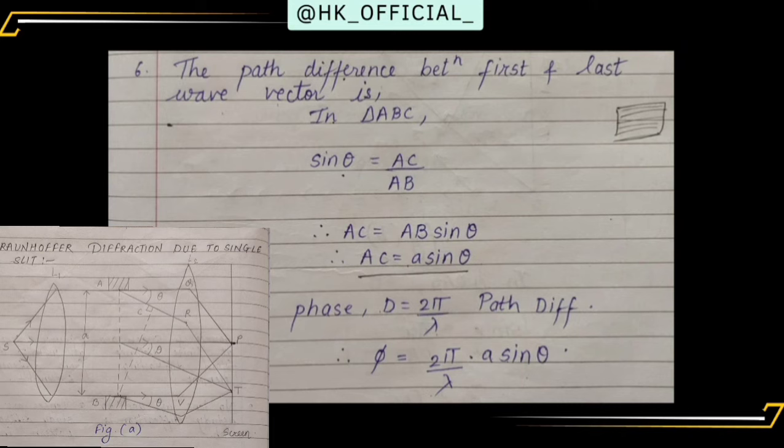So from that we can make out what is sine theta. In triangle ABC, sine theta is opposite upon hypotenuse, so here it is AC upon AB. Now as we have to find out AC, we make the equation AC is equal to AB sine theta. Now what is AB? AB is nothing but the width, and we have made that width as A. So here AC will be equal to A sine theta.